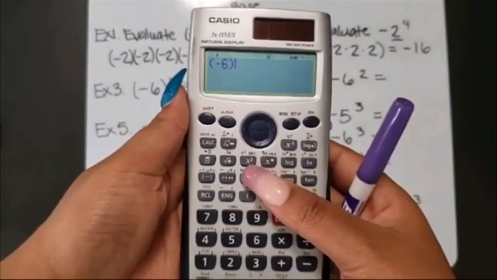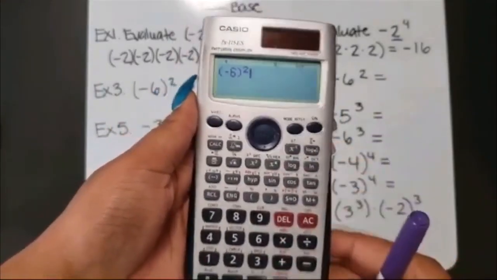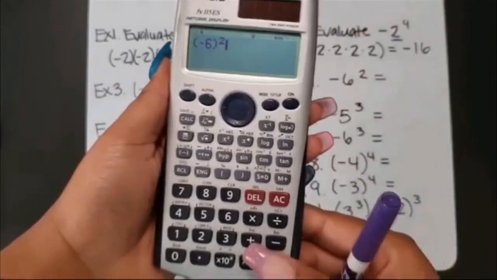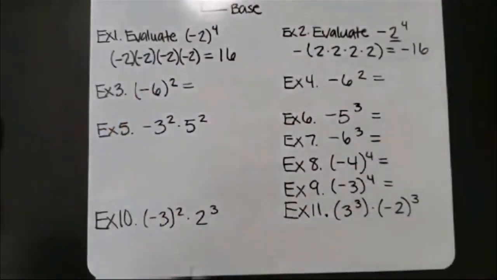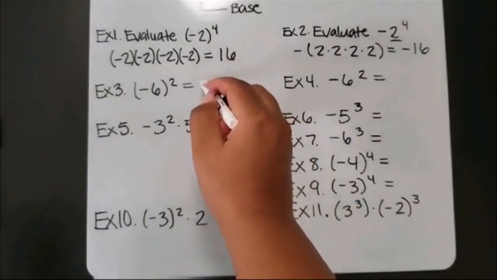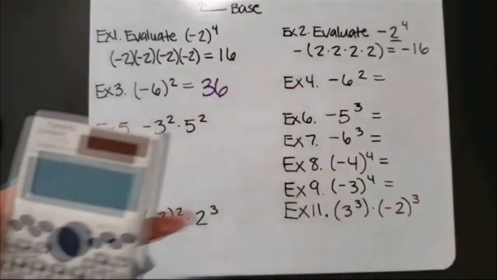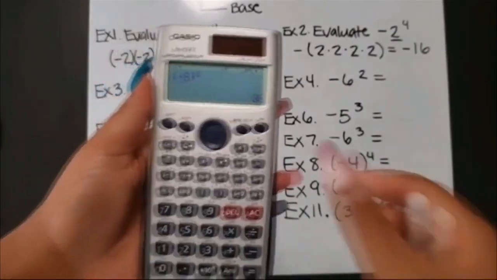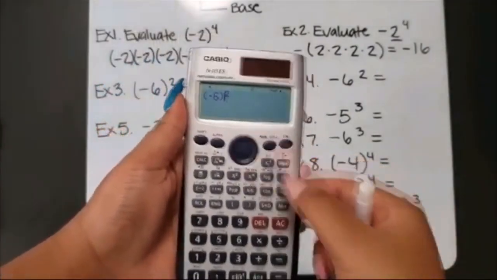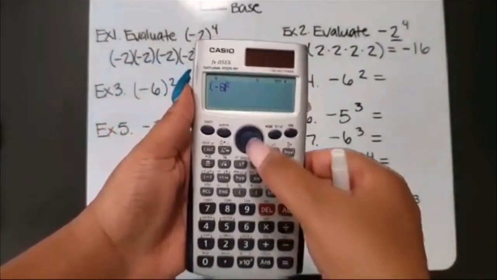So I'm going to hit this button to square it because it's negative 6 squared. And I get 36. All right. And now for example 4, I'm going to take these parentheses out.